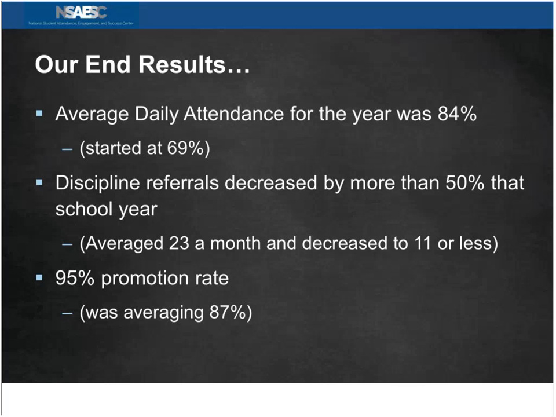In another school, discipline referrals decreased by more than 50%. They averaged 23 a month, and it decreased to 11 or less. And lastly, a school had increased to a 95% promotion rate, and they were averaging 87%. And these were results that the staff felt were directly related to them conducting and having intervention reviews.